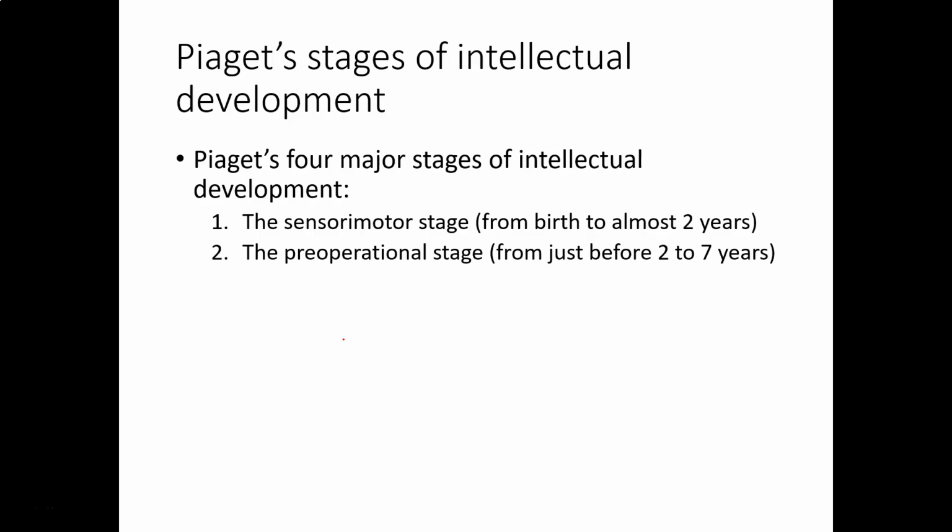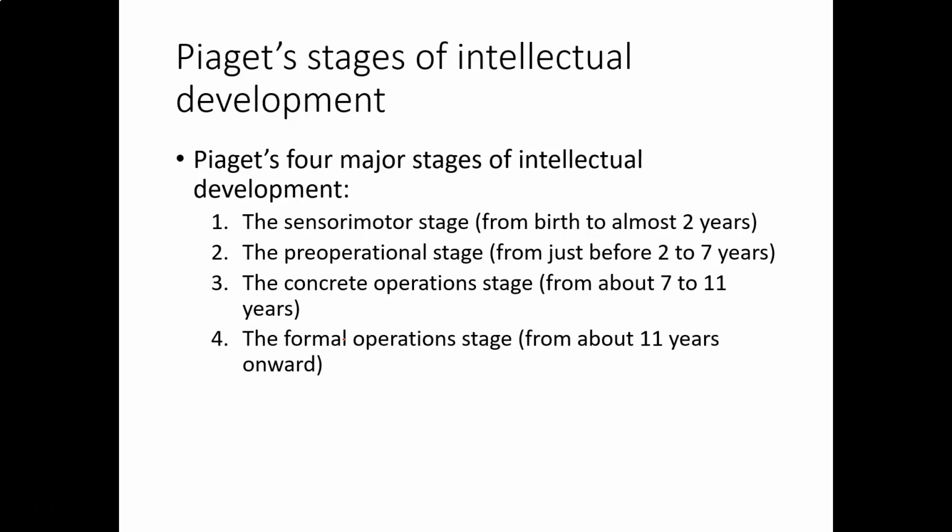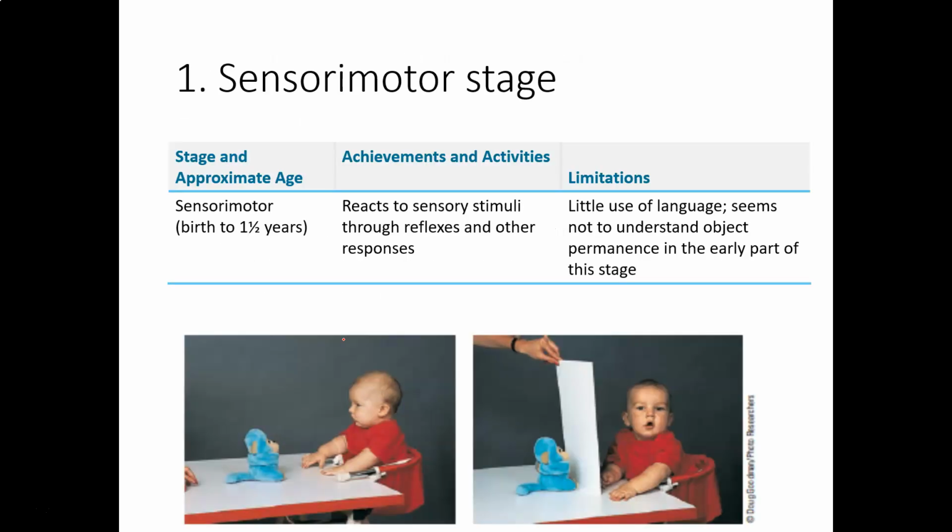Pre-operational stage occurs from about 1.5 to 7 years. From about 7 to 11, we're in the concrete operation stage, and then finally, from 11 years onward, we're in the formal operation stage. So let's take a look at what is happening developmentally in each of these Piaget stages.